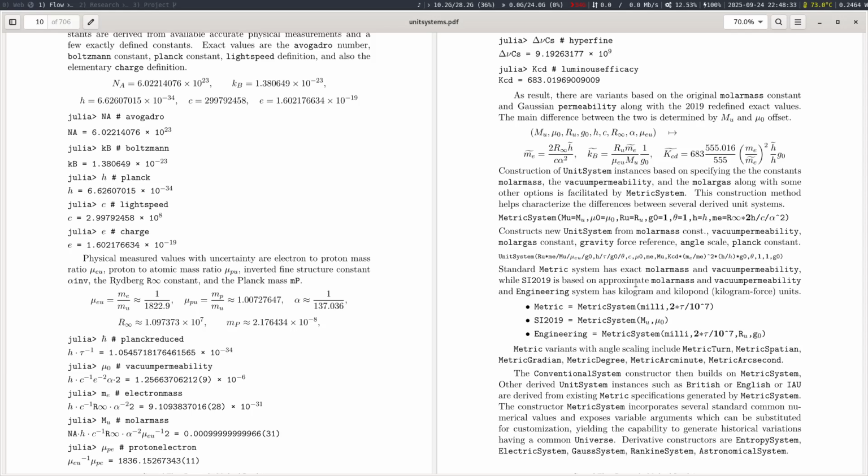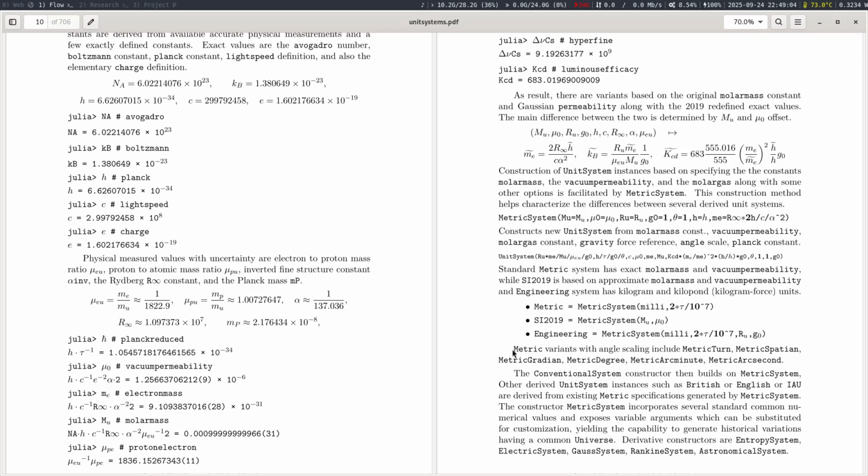And the engineering system has a kilogram and the kilopond, kilogram-force units. So the metric system is constructed here with the exact values, and the SI 2019 system is with approximate measurements. And then the engineering system has the gravity reference here.